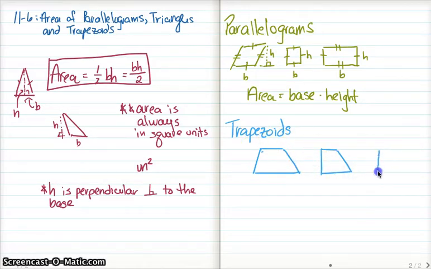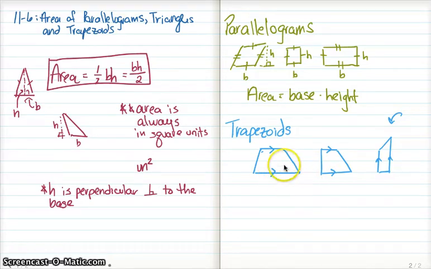Or I could even shift it on its side and have these be parallel. It could look like this. So don't be concerned if you look at a shape like this and think, oh my gosh, that's not a trapezoid. It actually is because it has one pair of parallel sides, and we can use these little arrows to show which opposite sides are meant to be parallel.